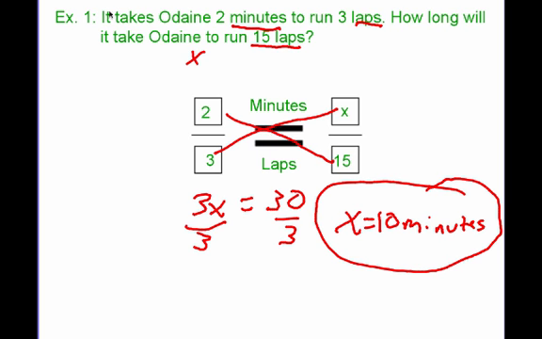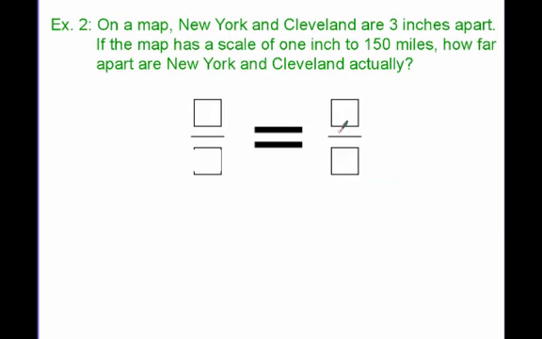So let's take a look at a second example. Example 2 says on a map, New York and Cleveland are 3 inches apart. If the map has a scale of 1 inch to 150 miles, how far apart are New York and Cleveland actually? We're reading this map, we see that they're 3 inches apart, and we want to know how far they really are apart. It says we have a scale of 1 inch to 150 miles, so our units are inches and miles.